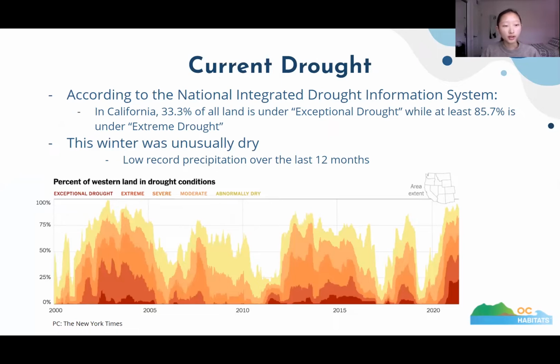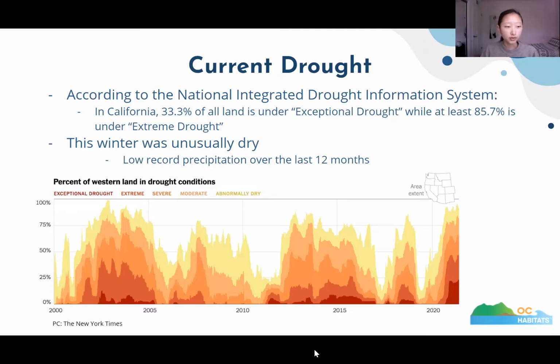In California, 33.3% of all the land is under exceptional drought, or D4, while at least 85.7% is under extreme drought. The reason for this is that this last winter was unusually dry, with record low precipitation over the last 12 months, which means that we will have less snowpack for us to rely on in the warmer months.